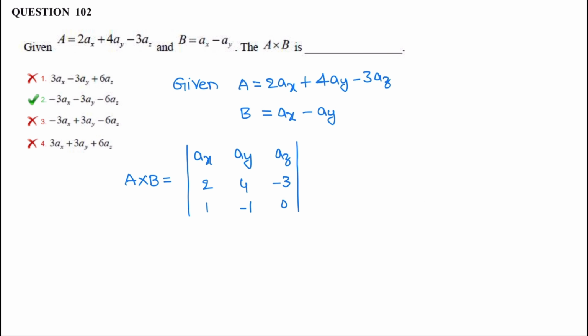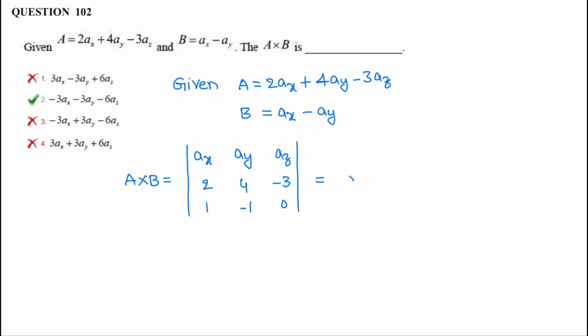Next question, if A is equal to 2ax plus 4ay minus 3az and B is ax minus ay, then curl of a cross b is. So a cross b is given as the determinant of ax ay az, second row is 2 4 minus 3, third row is 1 minus 1 comma 0.